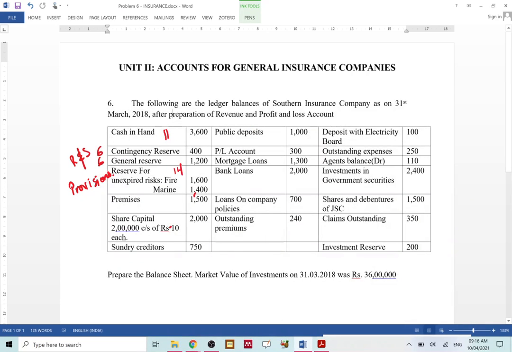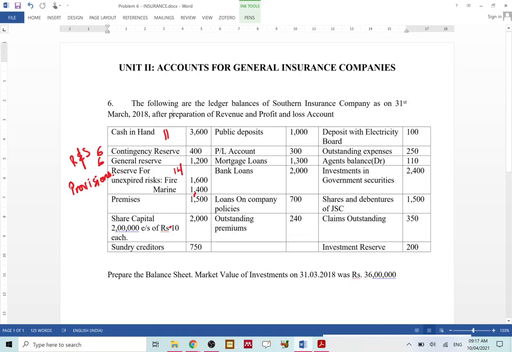Okay, so one effect comes in the revenue account. Of course, we are not doing the revenue account in this problem, but understand that whatever changes we put in the P&L for the reserve for unexpired risk, we put in the revenue account. The other effect of that will come under provisions. Do not get confused and do not put it under reserves and surpluses. Reserves and surpluses are what?